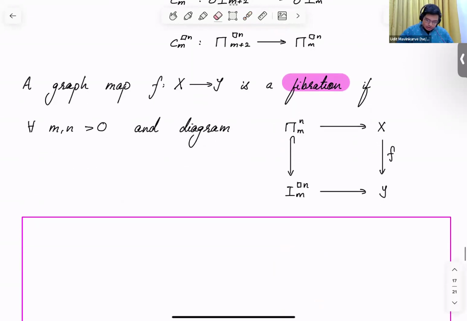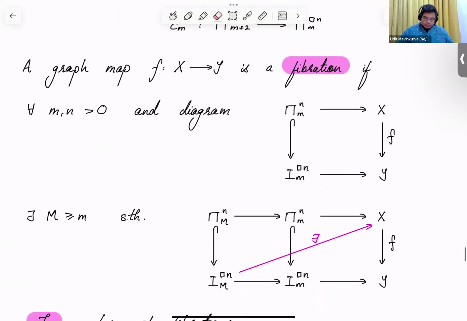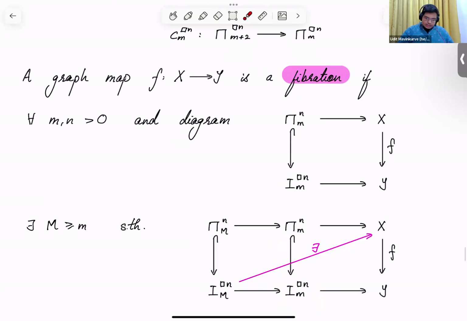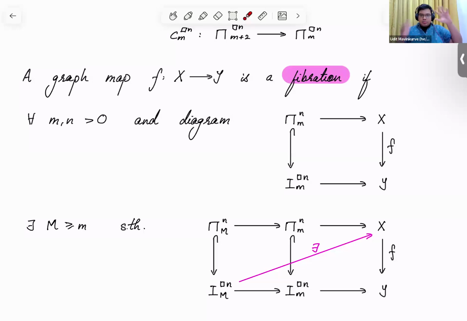Instead, similar to the Van Kampen theorem hypothesis, we require that instead of requiring a lift over here, we allow it to be relaxed by taking a bigger M' greater than M, where these two maps can be compositions of the maps that we described earlier from m+2 to m.